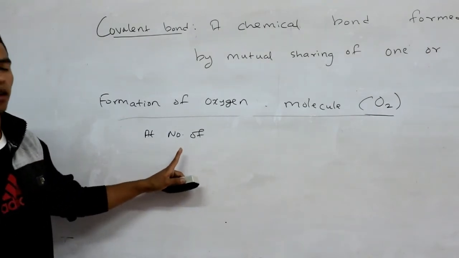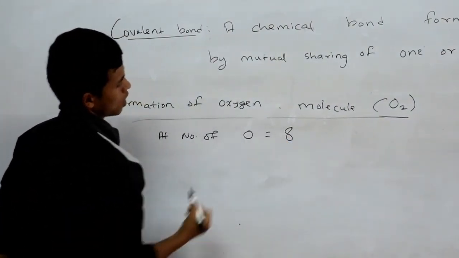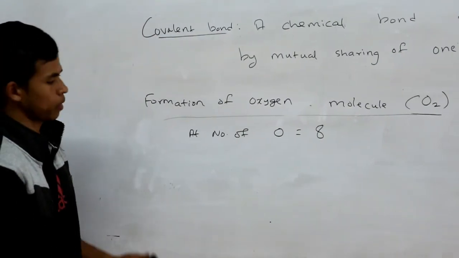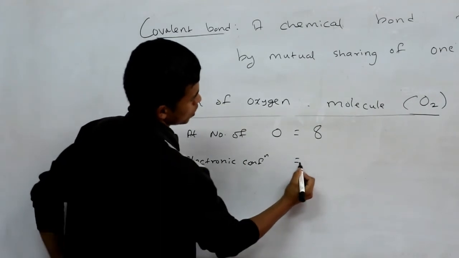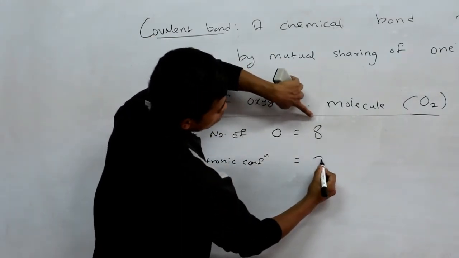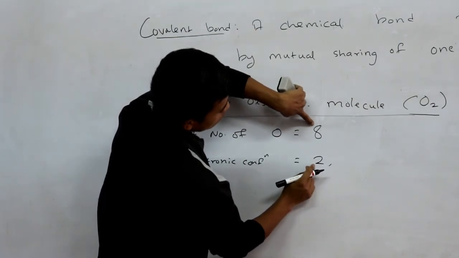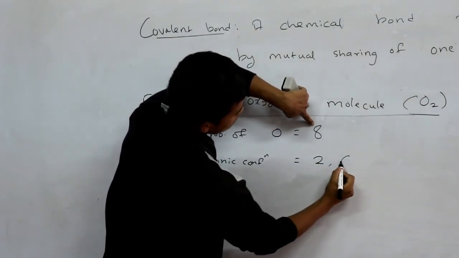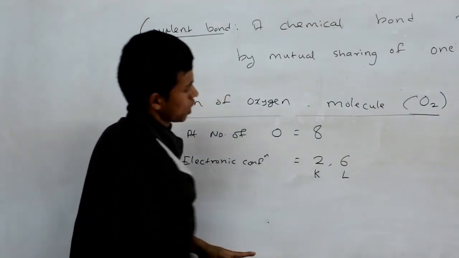We know that the atomic number of oxygen is 8. So the electronic configuration would be 2 in the K shell, and 6 more, so it will be 2, 6, with the K shell and the L shell.